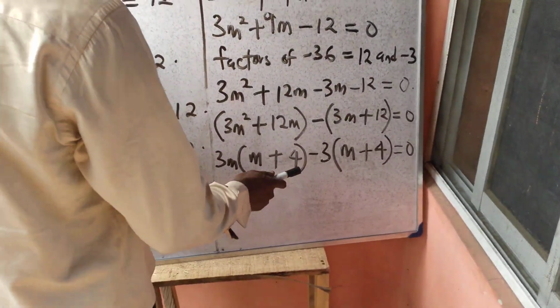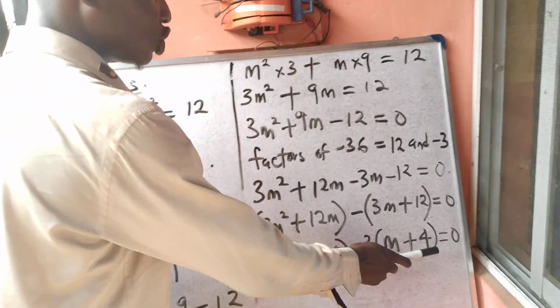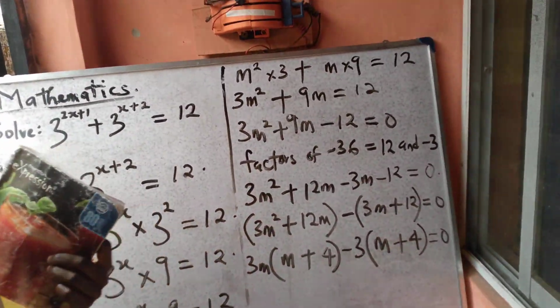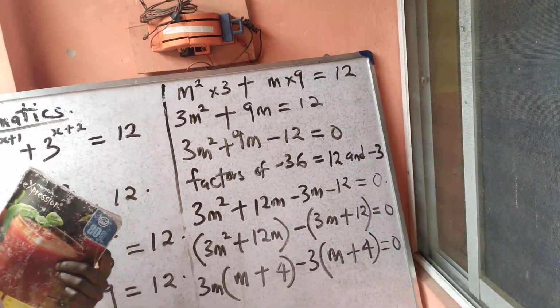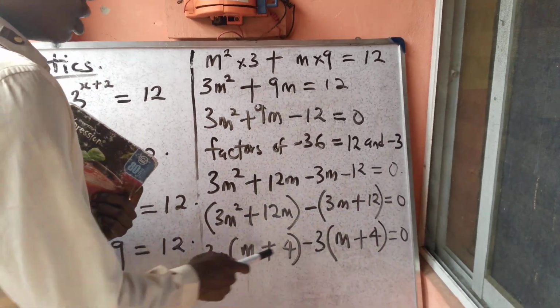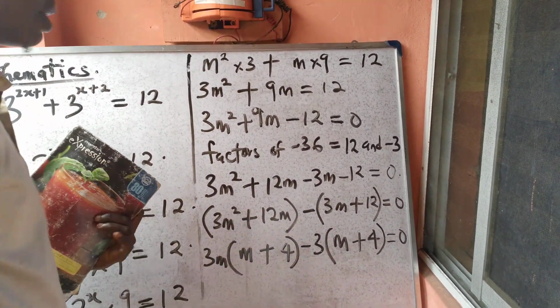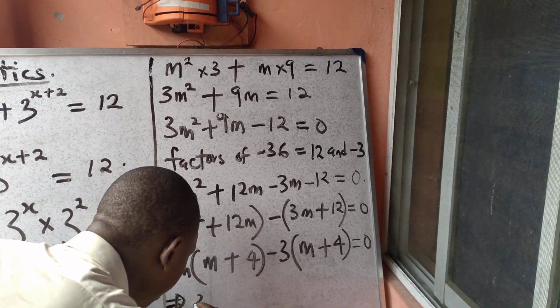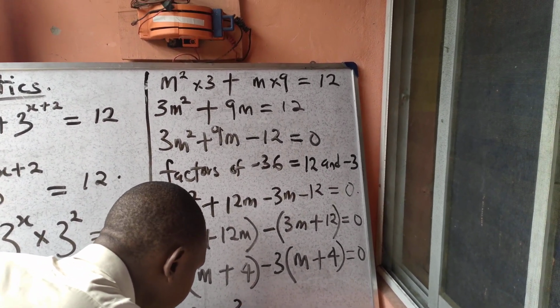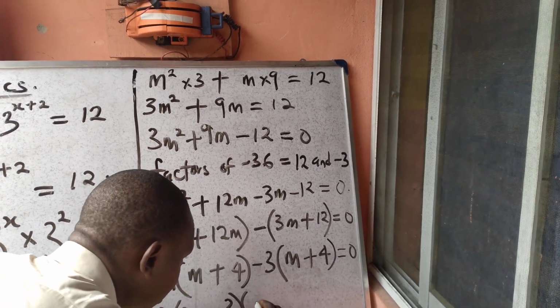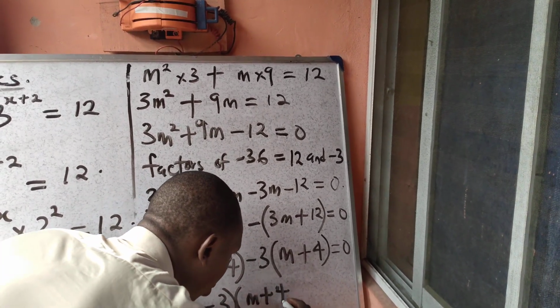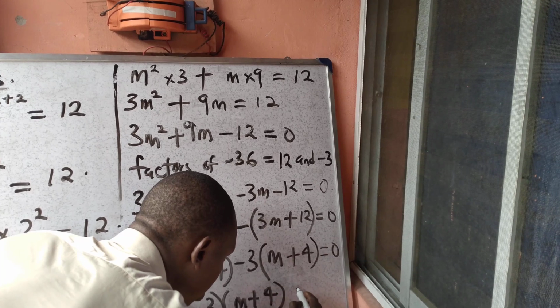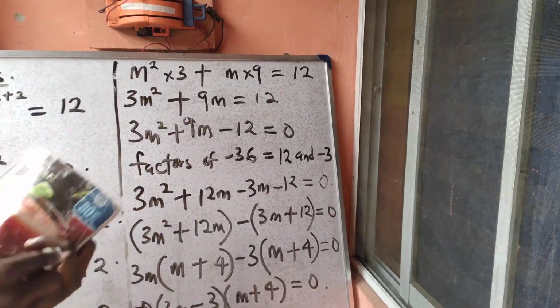Okay, you are correct. So you have 2 similar brackets here, m plus 4, they are similar. Then you group their coefficients in a bracket. That will be 3m minus 3, in brackets m plus 4, is equal to 0.